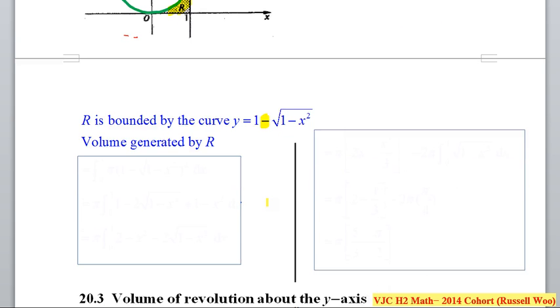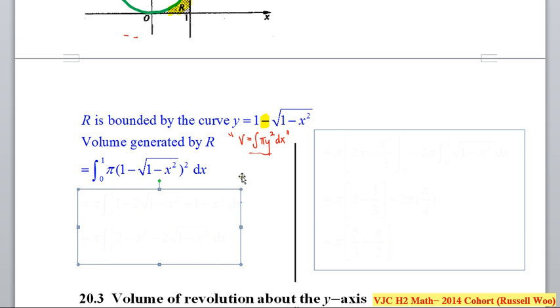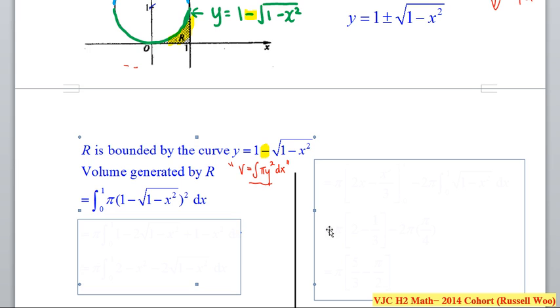Yep. So volume generated, let us recall, volume is integrate pi. This one no need to copy, not even in the working actually, but I just want to remind ourselves this formula. Then you get integrate from 0 to 1 pi y squared dx.